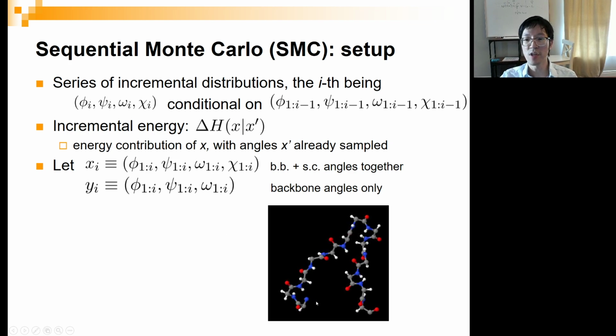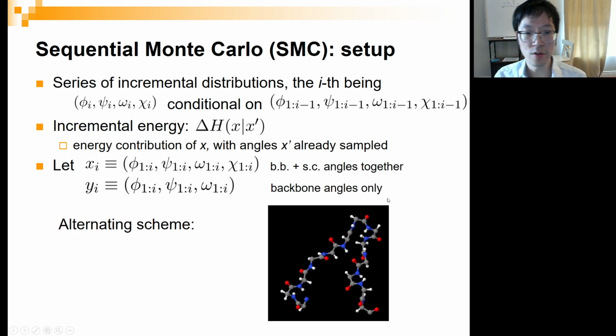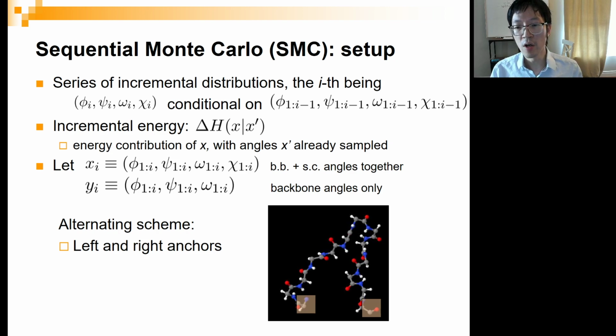As a schematic, you look at this part in the bottom. If this is the segment that we're trying to explore conformations for, we're doing this one amino acid at a time using an alternating scheme. First, shown here are the anchors. This is the part of the protein that's not affected, and that we're going to leave fixed. Those are the left and right anchors for the segment.